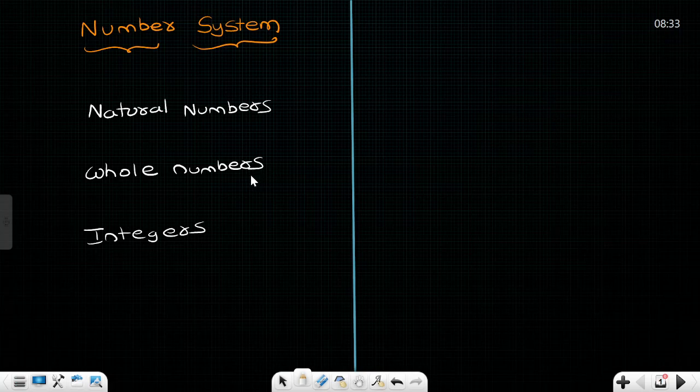Now the next set of numbers, which are very interesting, is rational numbers. So we are starting this number system chapter from the rational numbers topic. Okay, I am moving ahead.